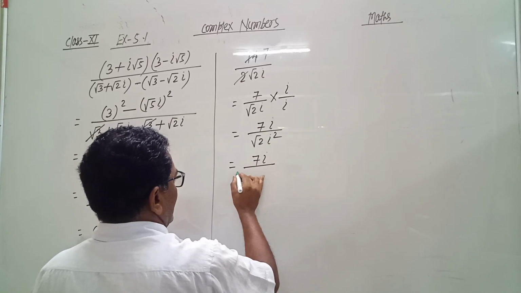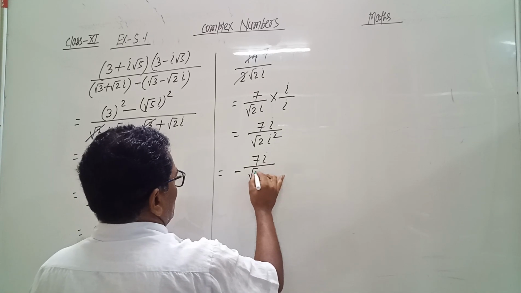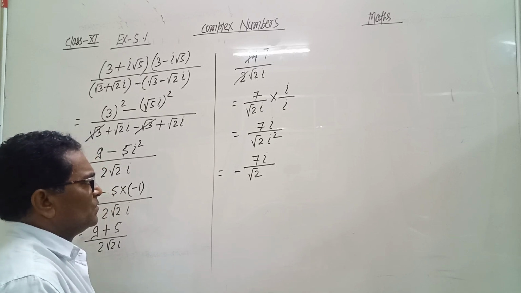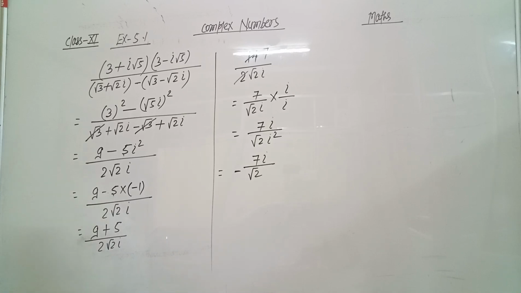Iota square is minus 1, so minus would be written outside, and we get minus 7 by root 2 iota.